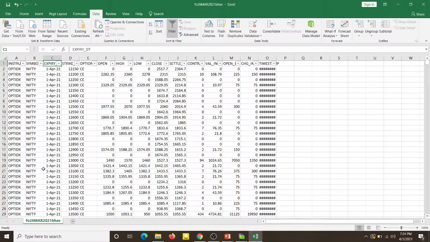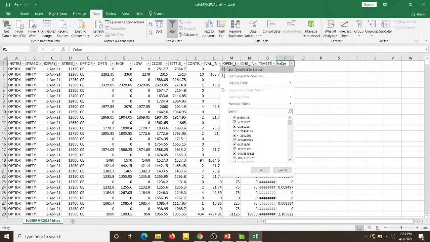So now we have this data for 1st April expiry only of Nifty. So as usual, we are going to compute the value, change in OI into settle price, right? And also we are going to divide by 1 crore. Correct, fine.